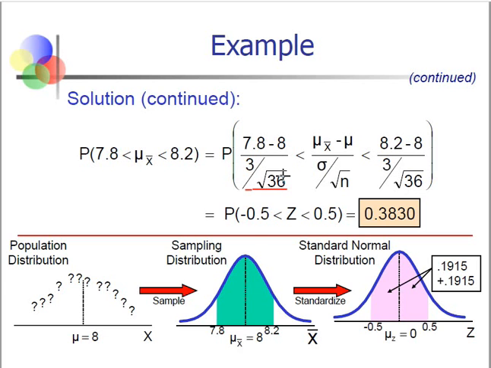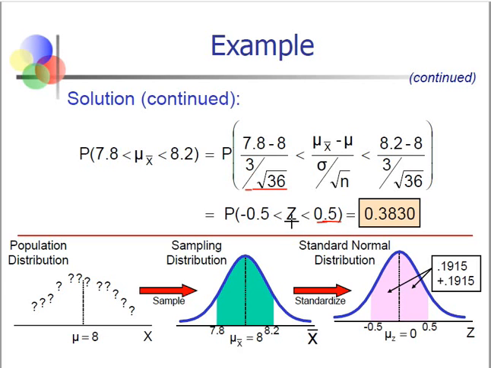So what we're doing is standardizing, and here we find minus 0.5 and 0.5. So we're looking for the probability that z is between minus 0.5 and 0.5. At this stage, you know how to find the probability using a standard normal table.